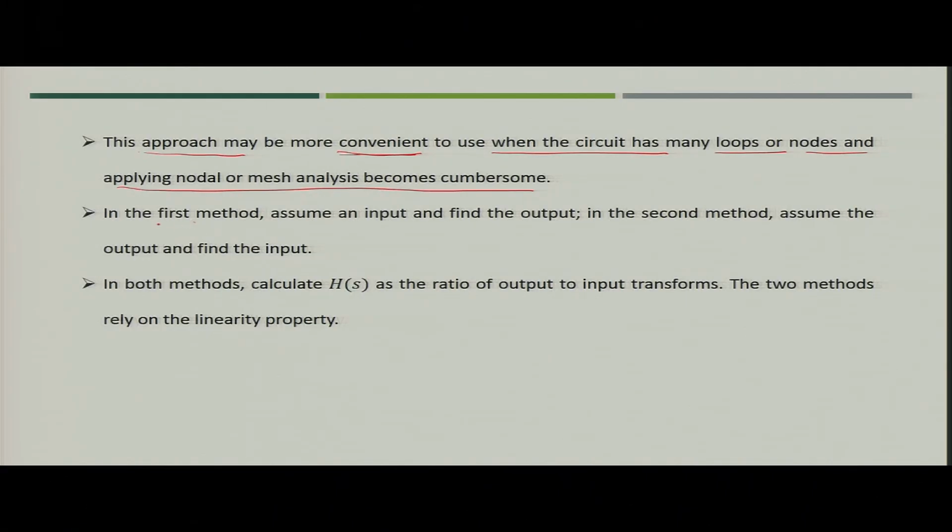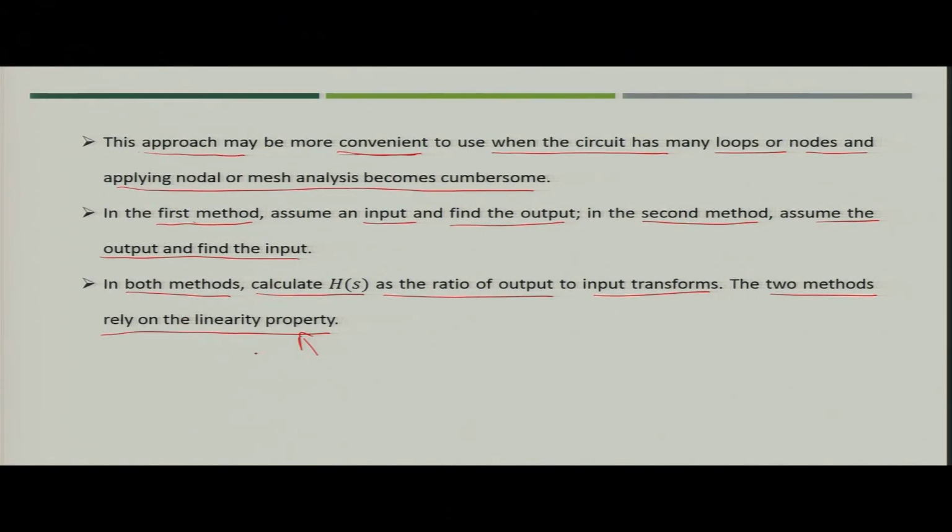So, we will use this as a convenient method for finding the transfer function of the network. Now, in the first method, as we discussed, we assumed the input and found the output, while in the second method we assume the output and then find the input. In both methods you calculate H(s) as the ratio of output to input transform, and we have to keep in mind that these two methods are only applicable when you have a linear circuit.